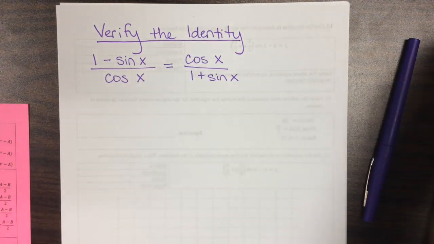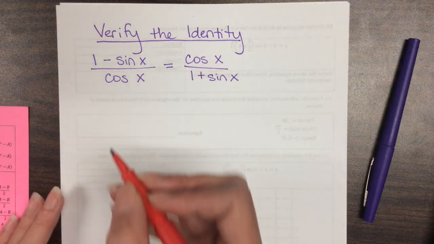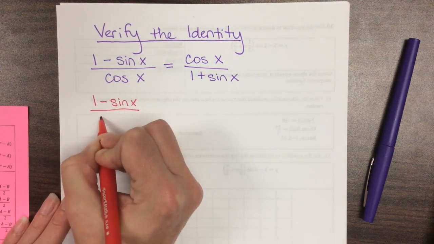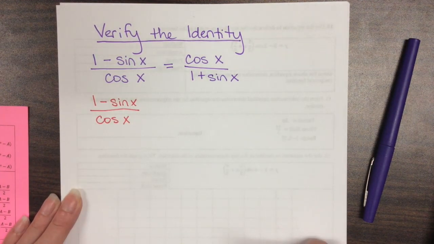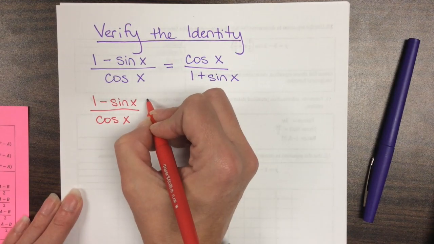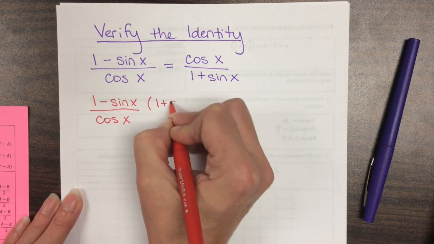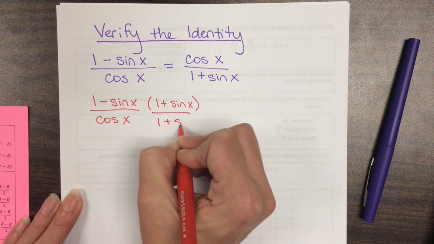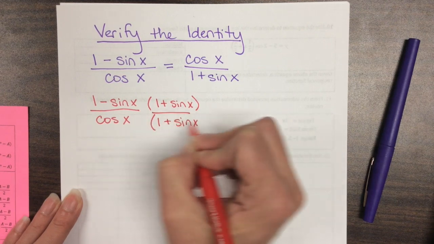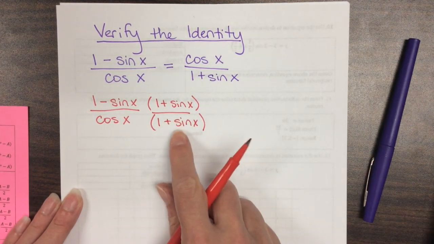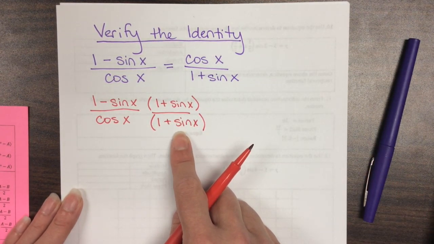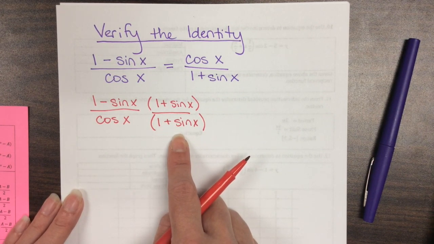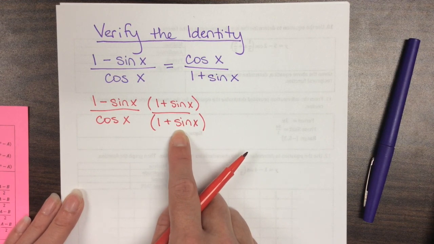So if I multiplied this first fraction, this 1 minus sine of x over cosine of x, by the conjugate, 1 plus sine of x, both on top and on bottom, because I can't just go around multiplying something, I have to multiply by a 1, and this equals 1. So I'm not changing the value here, I'm just multiplying it by a very interesting looking 1.